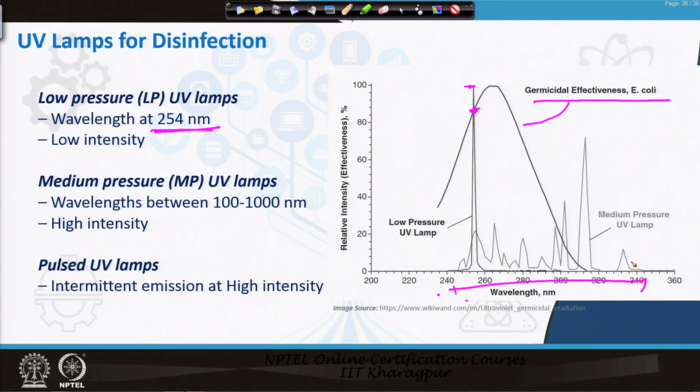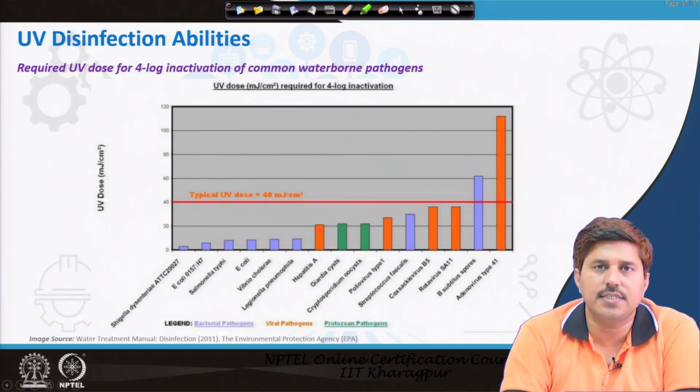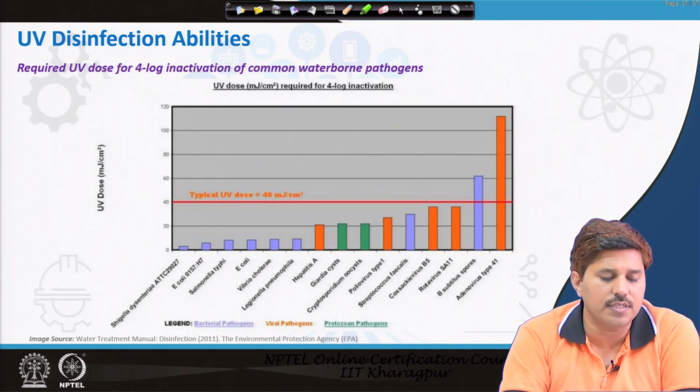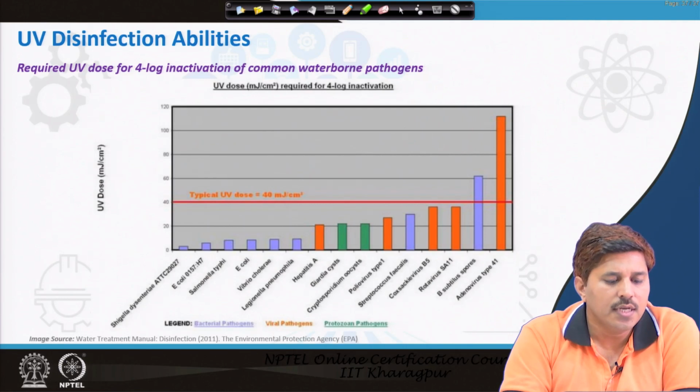We may also have a pulsed UV lamp, which is intermittent emission of high intensity. So, instead of regular emission of either low or high intensity, intermittent lamps lead to pulsed emission. The disinfection abilities are also quite good.